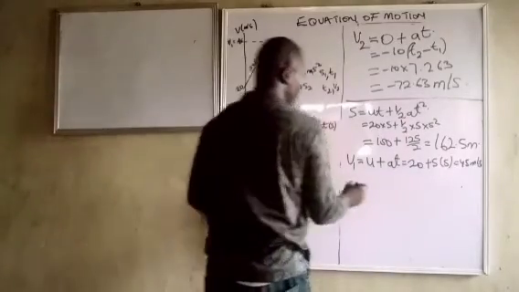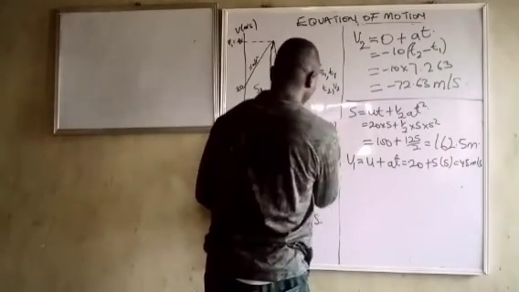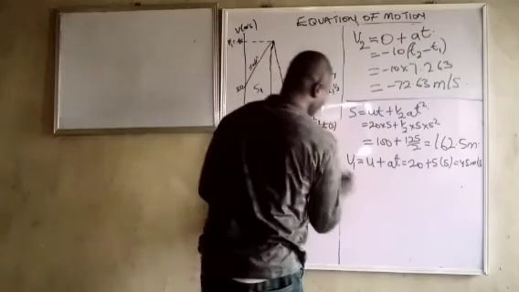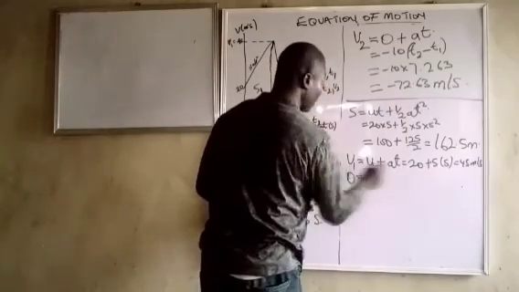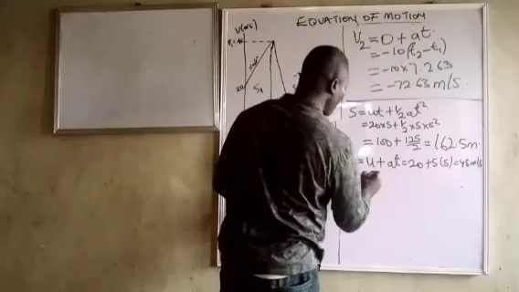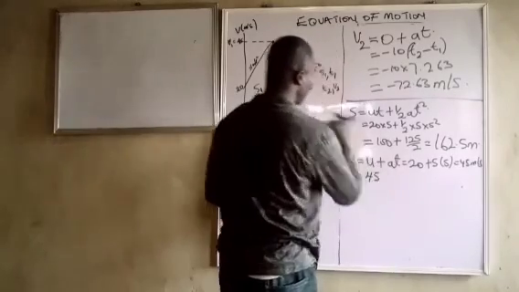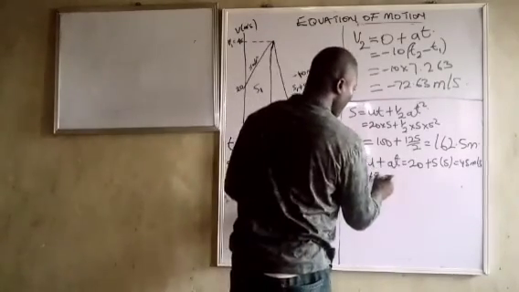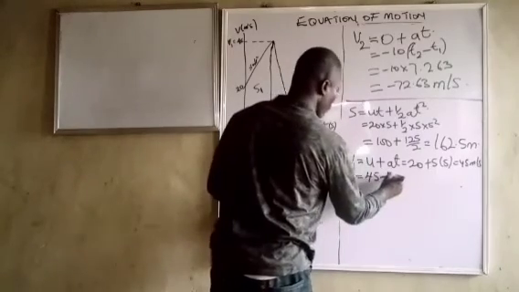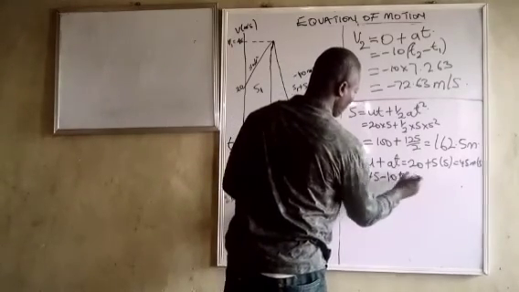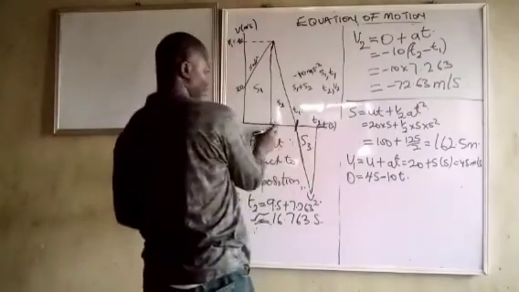So the final velocity here is 0. So I have 0 equals 45 minus 10 into t. That is this one.